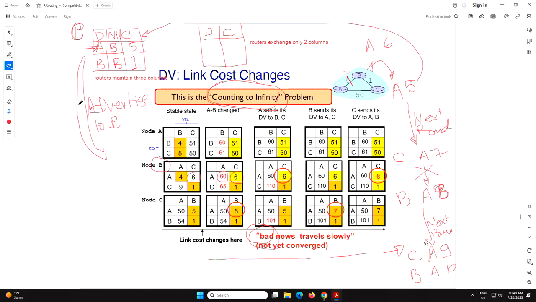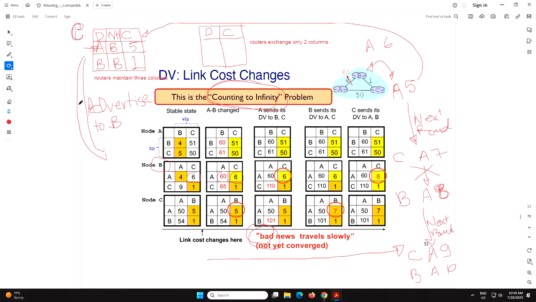If the next hop is B, it will not advertise this row to B. So the protocol has this information now to act. Does that answer your question? Okay, any other questions?